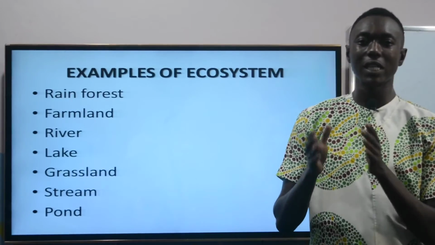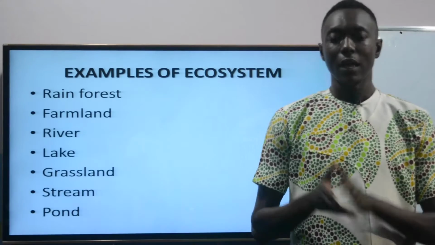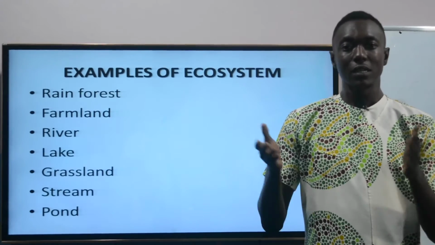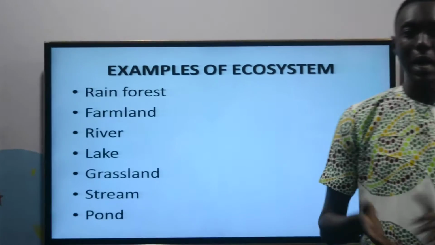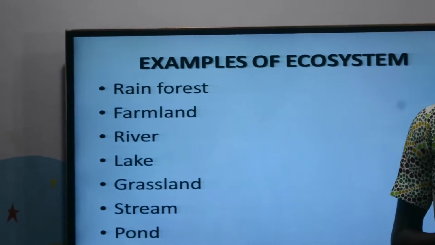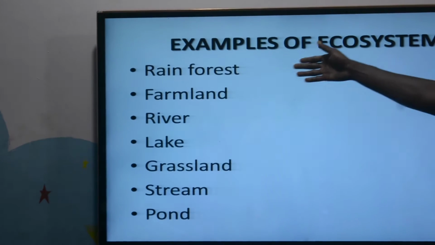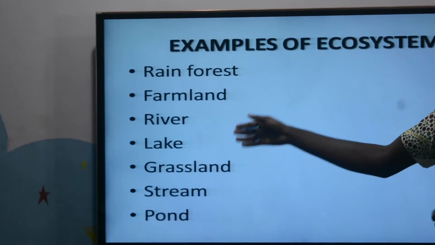What are some of the things you find in a rainforest? Exactly, you find animals like the snails, earthworm, ants, also wild animals like the lion, tiger. It means that we can term rainforest as an example of an ecosystem.